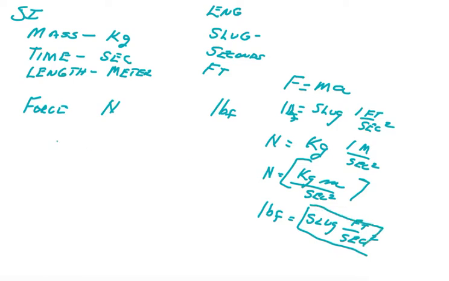On the surface of the Earth, the force of gravity means that this must be true also. F equals ma.